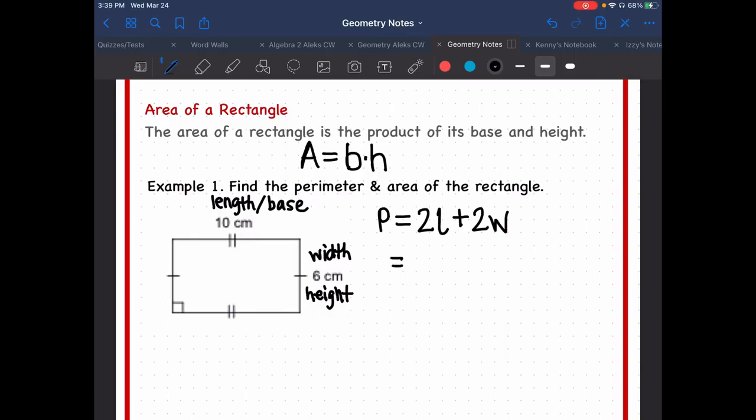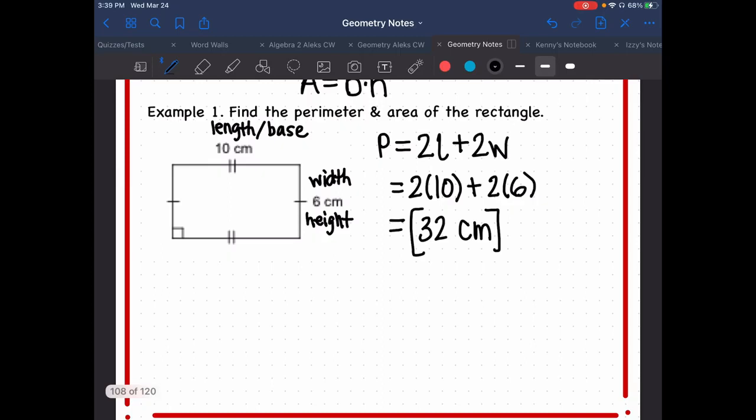I could actually switch these two and it's not going to matter because 2 times 10 and 2 times 6 are going to be the same. So 2 times 10 is 20, 2 times 6 is 12, 20 plus 12 is 32, and my unit would be centimeters because I'm just adding up each one of the units, so nothing happens to my units.